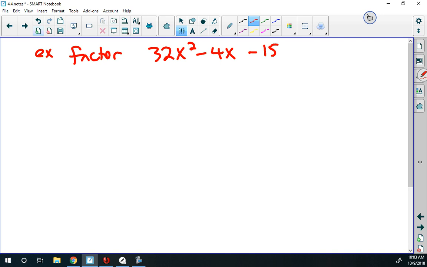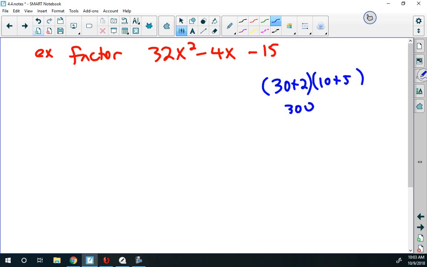Oh man. The problem with the factoring by grouping technique on this, or the magic X technique on this, is we're going to be dealing with a wicked huge number to have to break down into its factors, aren't we? Oh my goodness. 32 times 15.